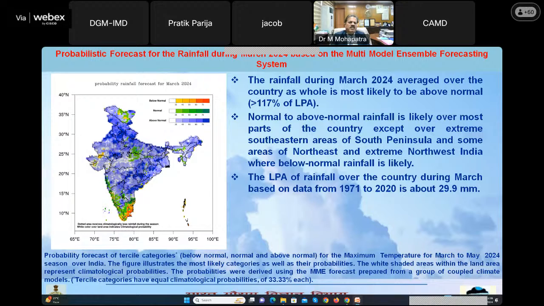So as you can see in this diagram, all these blue and violet colors are the above normal rainfall probability, and the orange and red is the below normal rainfall activity, and green is the near normal rainfall activity. Again, here probability is quite high for northwest India, where the rainfall would be higher than the long period average.